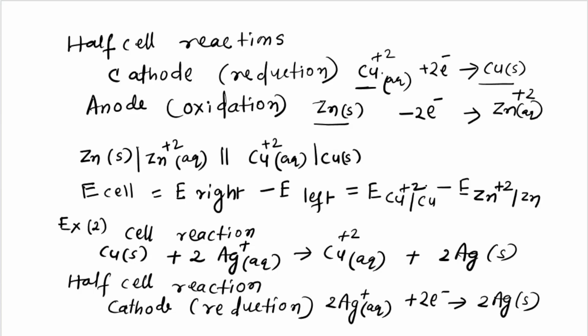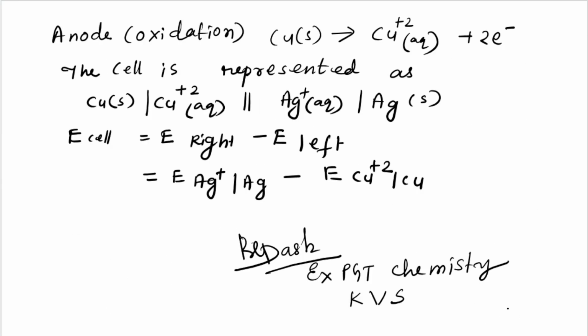So how do we write the half cell reaction at the cathode? 2Ag+ accepts 2 electrons and changes to 2Ag(s). And at the anode, oxidation: Cu(s) gives Cu2+ aq plus 2 electrons.